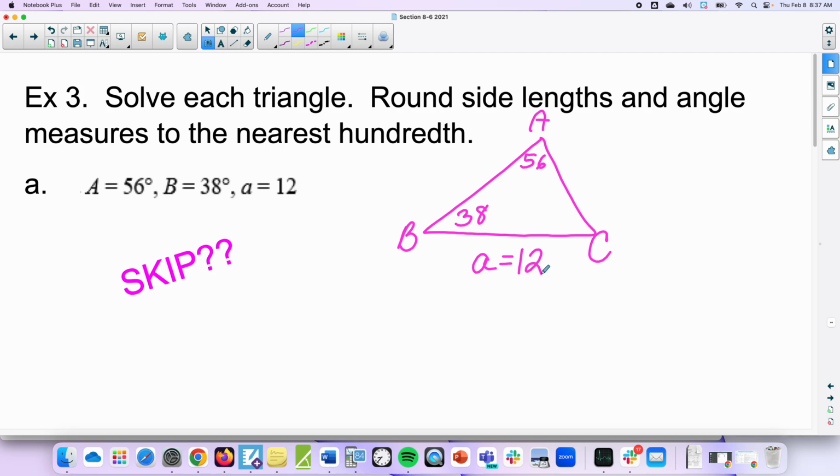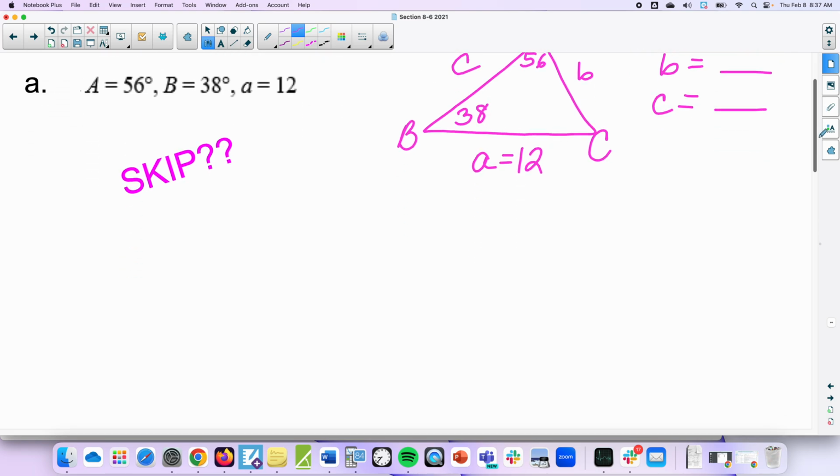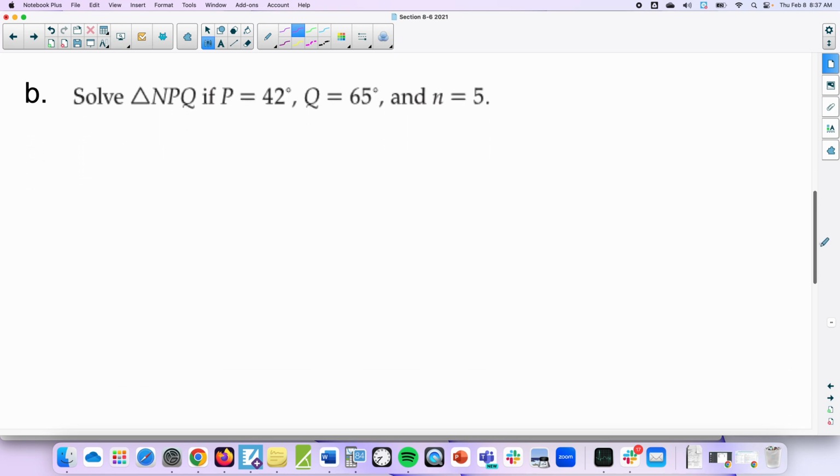And then again, you'd be looking for little b, little c, as well as angle C. So you're looking for angle C, you're looking for little b, and you're looking for little c. Would you know how to do it then? Everybody get that? Okay. Then when we get out here, we'll do this one, because this has different letters.